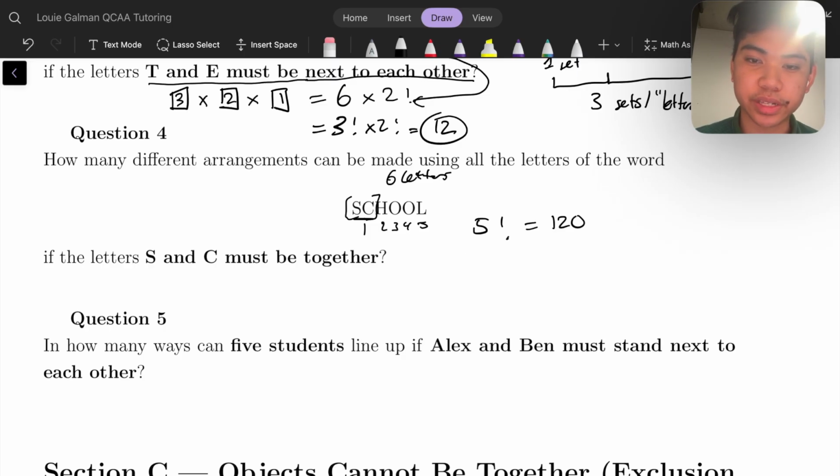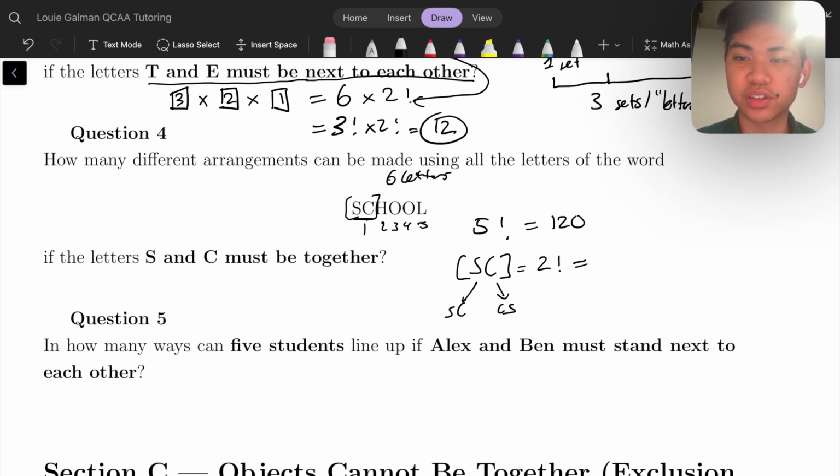However, within S and C, we have 2 factorial different arrangements. We have SC or CS. So we have to multiply our 120 by 2 to get an overall answer of 240 different arrangements.